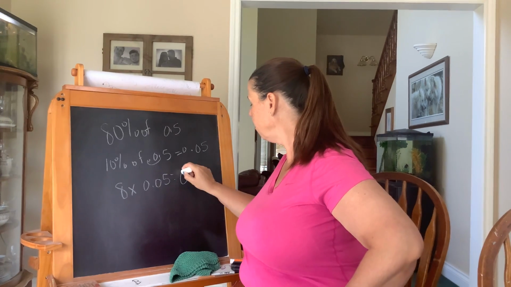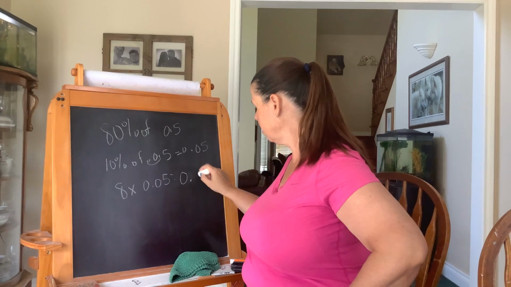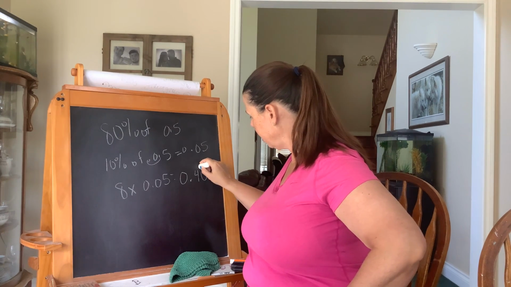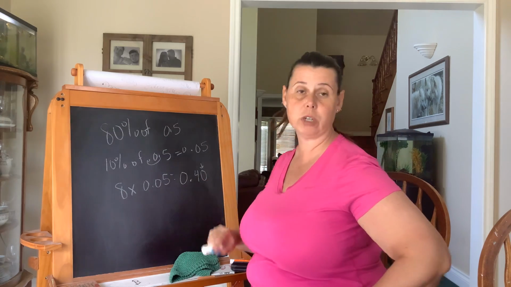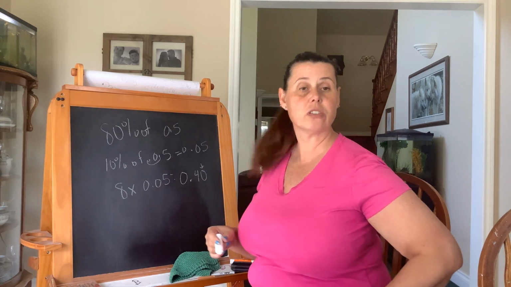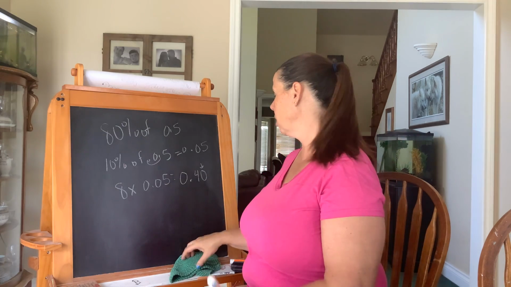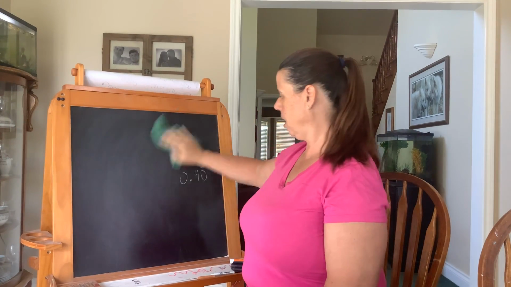So I need 40 hundredths, and my zero's in the hundredths. Got it. So it's actually 4 tenths, but 40 hundredths is also right. Okay? You guys go pause the video, answer the rest of question 3.